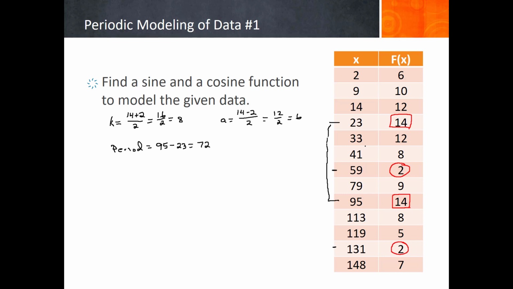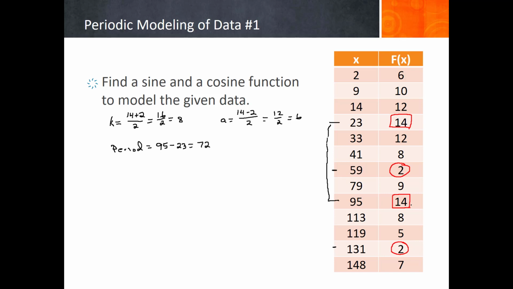Maybe when we computed the distance between the maximums we got 72, but from the minimums we only got 70 or 71. Real data is not all nice and uniform. It's going to be randomized a little bit, so there's going to be a lot of variation. We may not even see both maximums at 14. Maybe one was 14 and the other was 13. So you don't have to find the exact same numbers, but they should be pretty close.